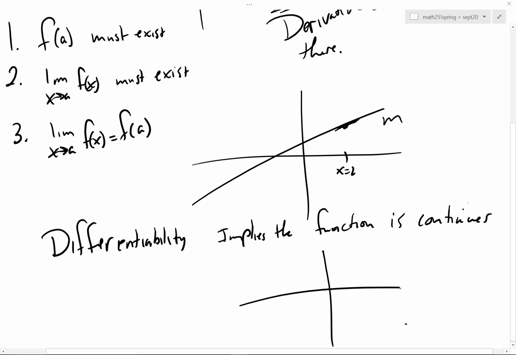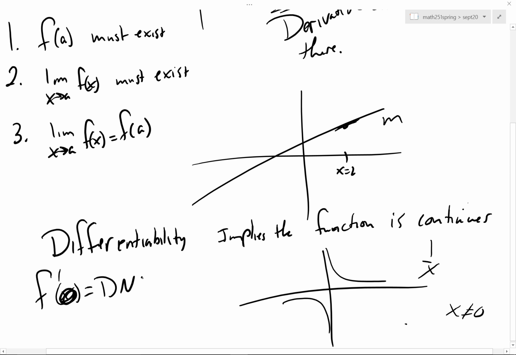Now, there are some functions like this guy, 1 over x. It's a very, very handy function. It's a very wonderful function. We know that x does not equal 0, obviously. It doesn't exist there. So tell me, what is f prime of 0? And the answer is, it does not exist.